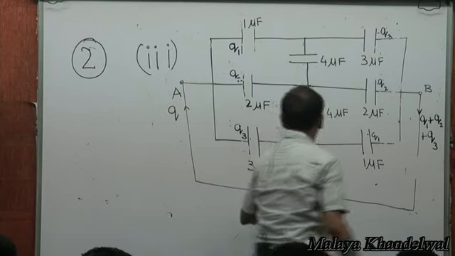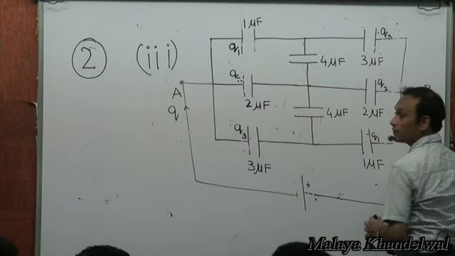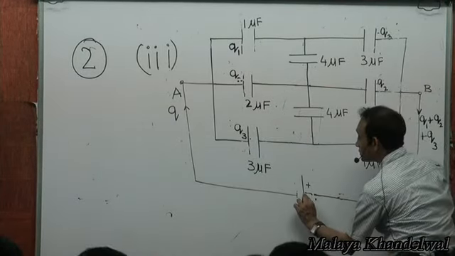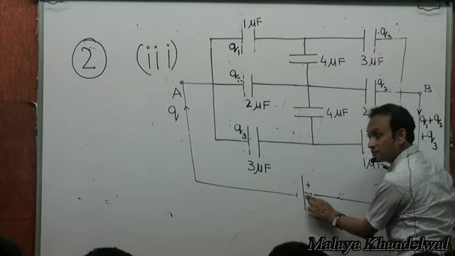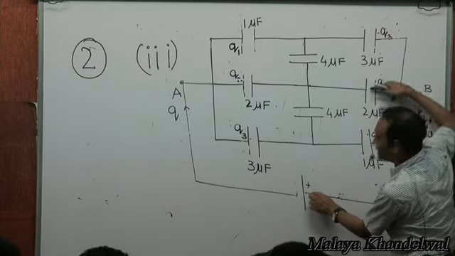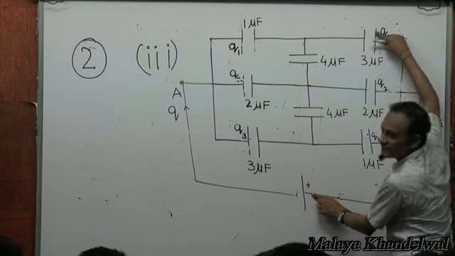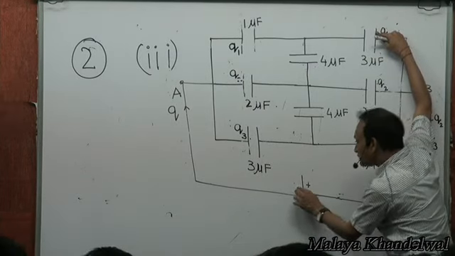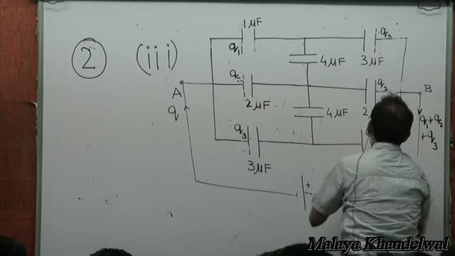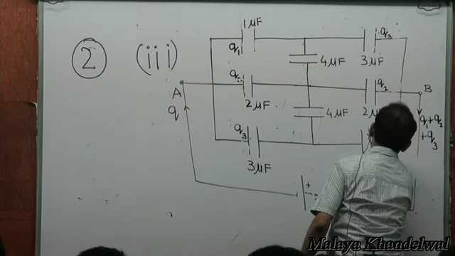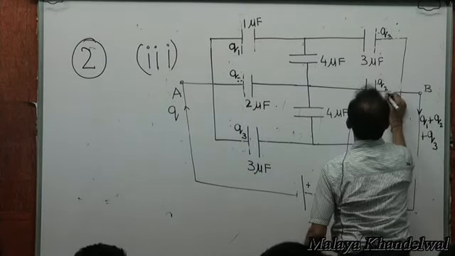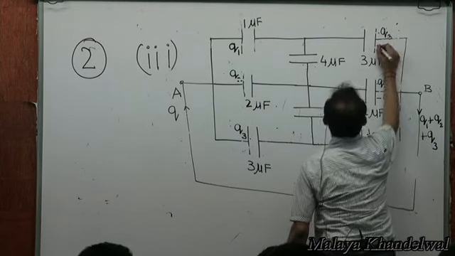That means the circuit with terminals with this being positive and this being negative, when superimposed with this circuit, gives me 0 here and 0 here. That means if this was positive and this was negative, then this should have been minus q1, this should have been minus q2, and this should have been minus q3.